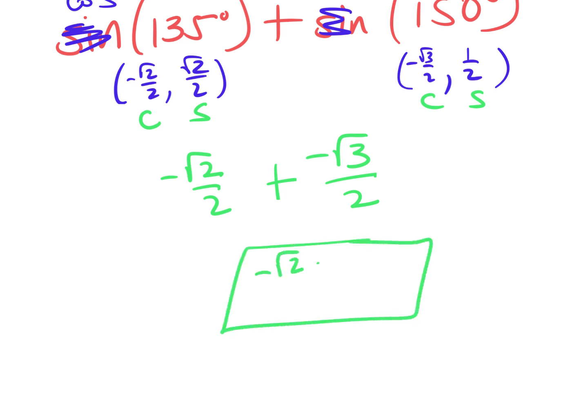Negative square root of 2 minus the square root of 3 over what number? 2. It is not 4. Yesterday, people kept making that mistake. 2 times 2 is 4. It is, but we're not multiplying here, we're adding. Does that make sense? Yes or no? We're good? Yeah. Do we have to do it on both sides? No, just put it right into a PDF and then you can submit it.